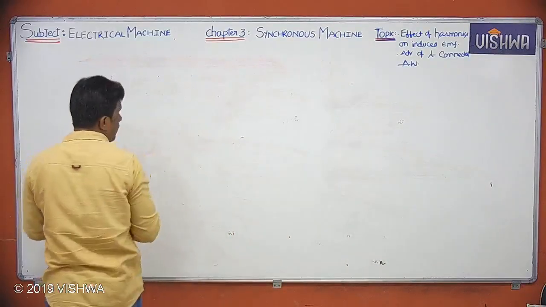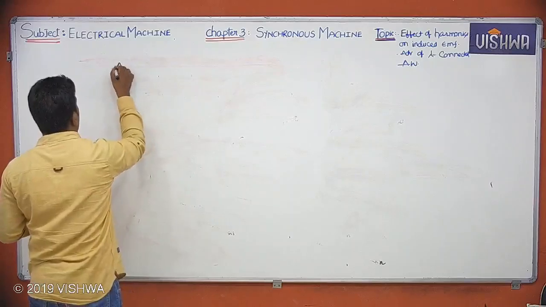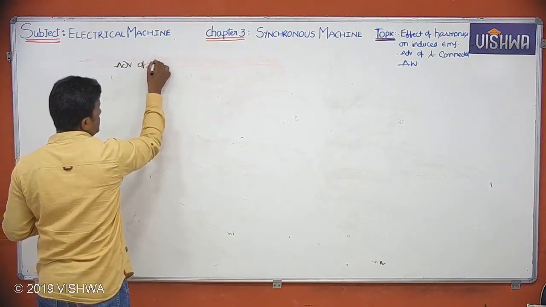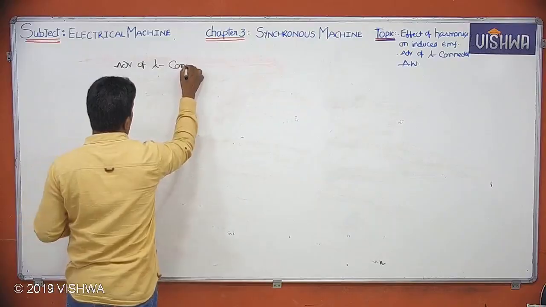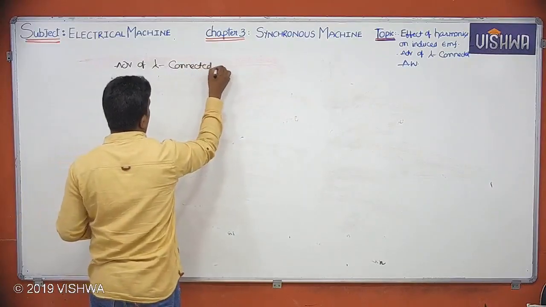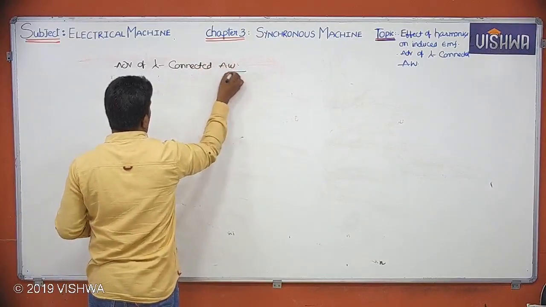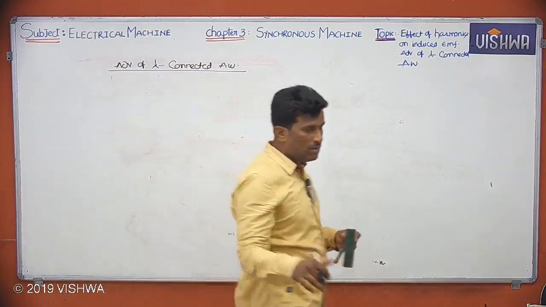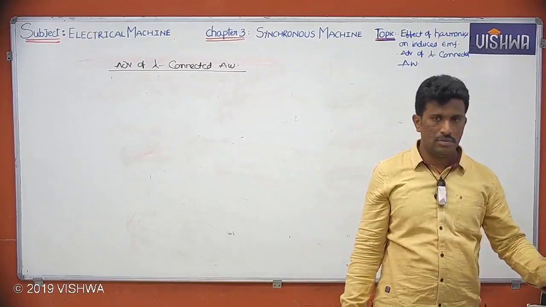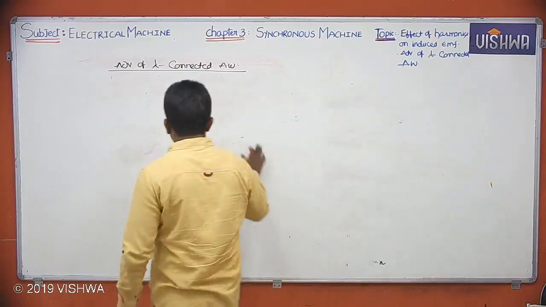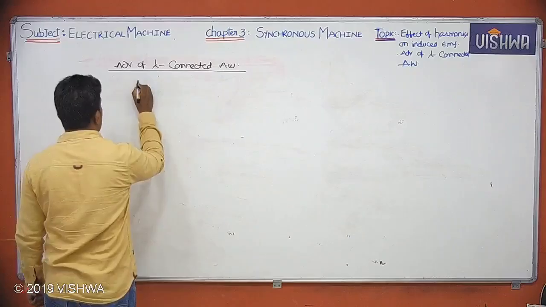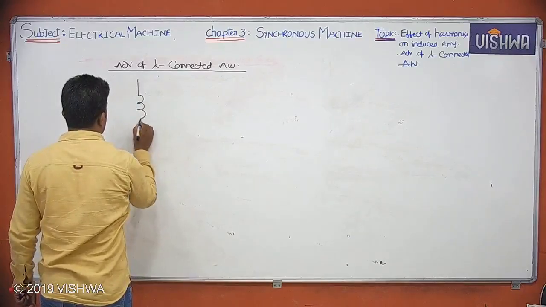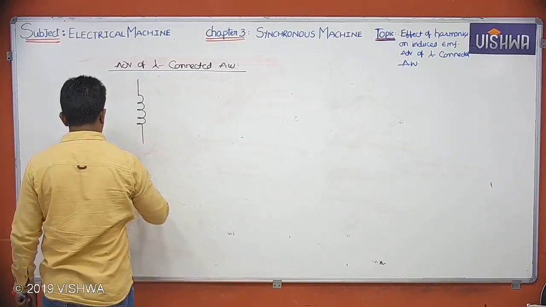Advantage of star connected armature winding. Tell me, armature winding means what? Armature winding is the one where EMF is induced in an alternator. Suppose, guys, if you take an example, let me take a star connected armature winding like this.